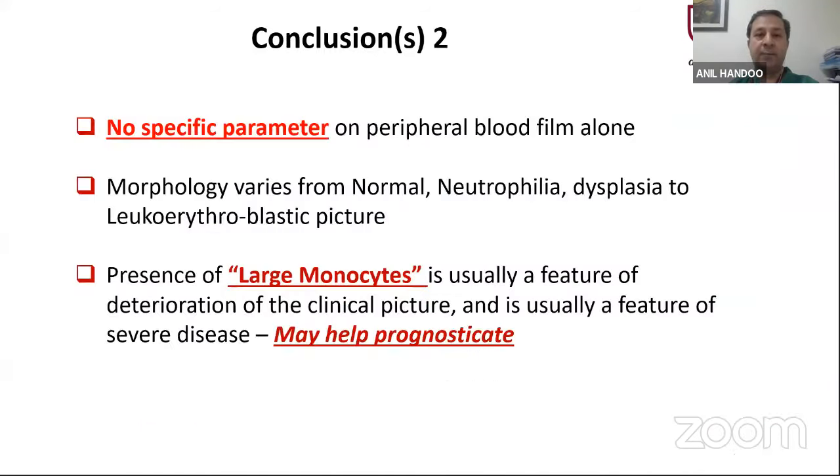So if I conclude the morphology part, on the peripheral blood film alone there is no specific parameter. The morphology varies from normal to neutrophilia, dysplasia to a leukoerythroblastic picture. But if you actually see large monocytes, it is usually a feature of deterioration of the clinical picture and a feature of severe disease. This eventually might help us to prognosticate the disease.